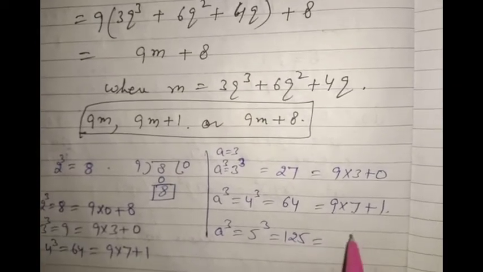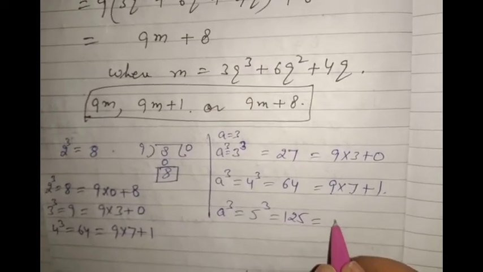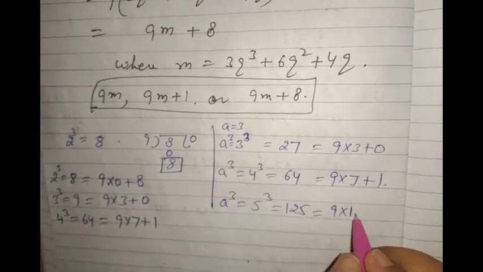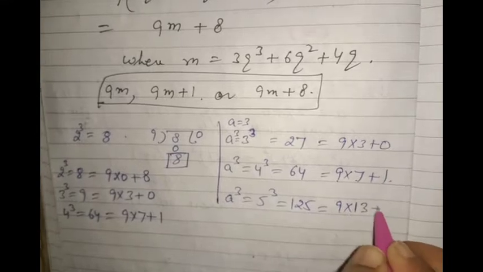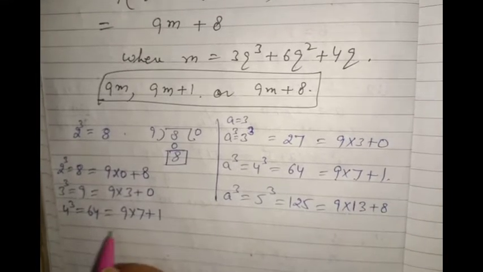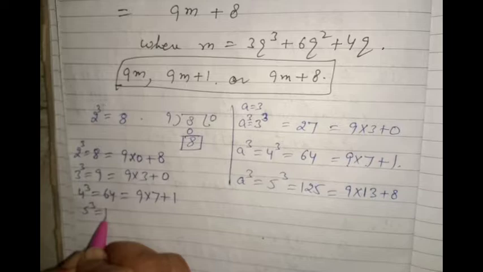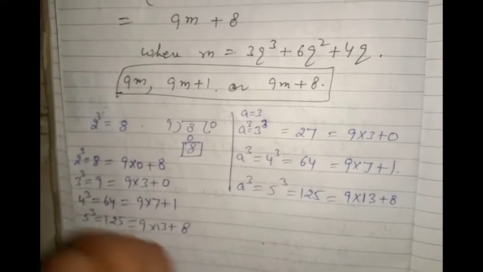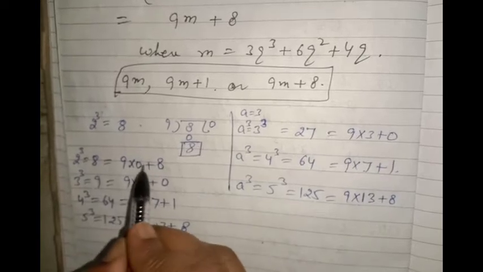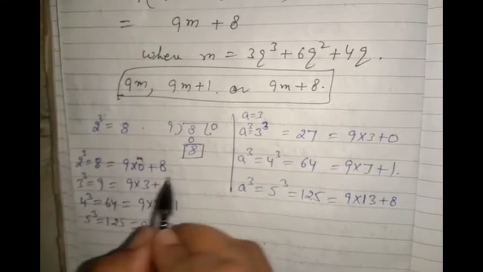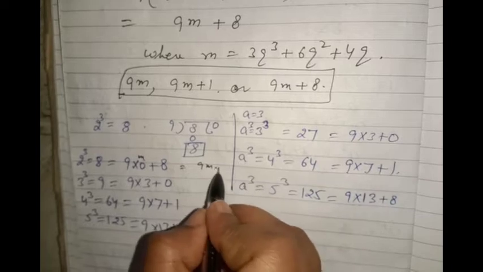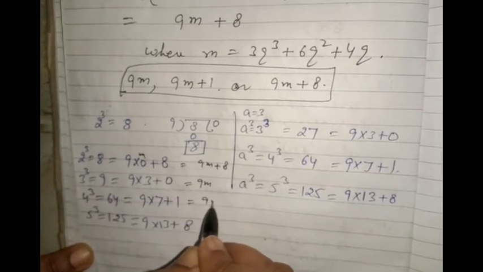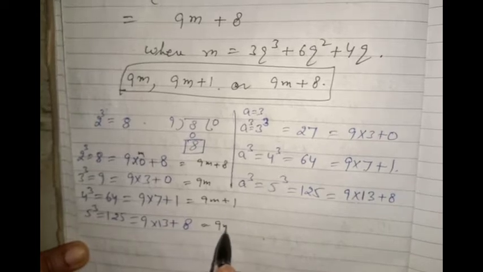If you divide 125 by 9, you get remainder 8. So 125 is equal to 9 into 13 plus 8. So now you can see, if I write these values as m, this will be 9m, this will be 9m plus 1, and this will be 9m plus 8.